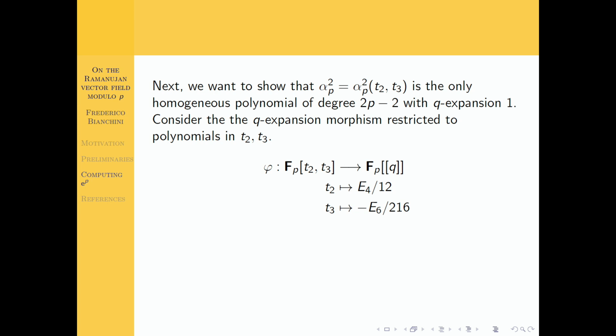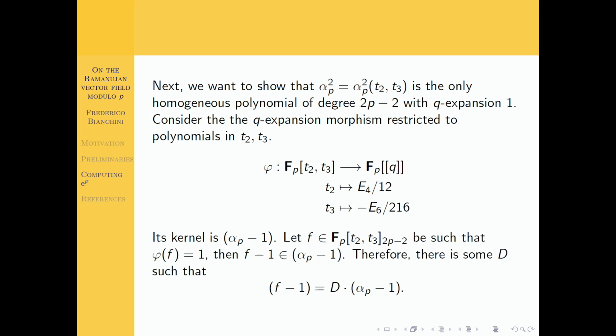Next, we want to show that alpha P squared is the only homogeneous polynomial of degree 2P minus 2 with Q expansion 1. Okay? So we consider the Q expansion morphism restricted to polynomials of T2 and T3. Its kernel is generated by alpha P minus 1, and actually this is Swinnerton-Dyer's original theorem.